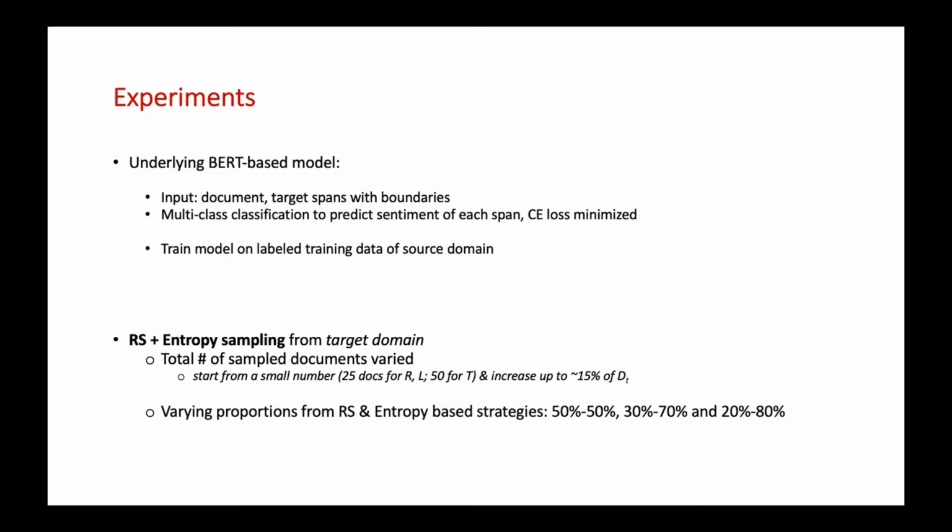We also vary the proportions of documents to sample from each of these strategies. So we start out with picking 80% of the total number of documents from the entropy-based strategy and 20% from the RS-based strategy, then move on to 70-30 and 50-50 proportions as well.